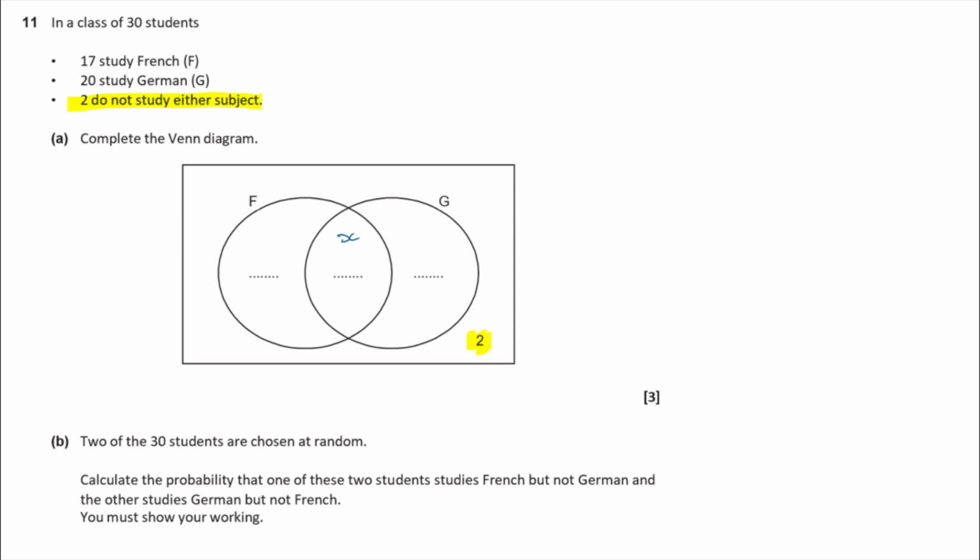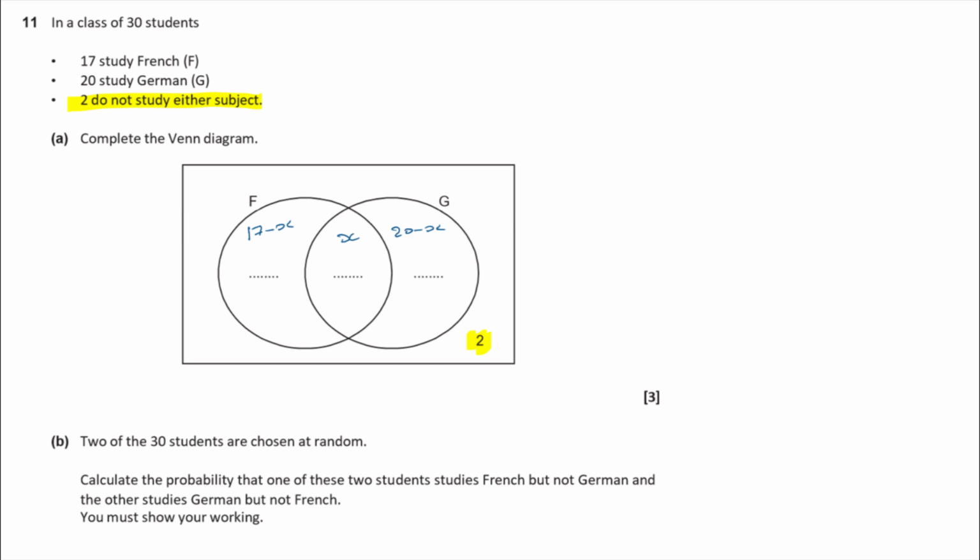If there are 17 students studying French altogether, then there must be 17 minus x studying French only. And if there are 20 students studying German and x study both, there must be 20 minus x studying German only. Now we've got an expression in each of the 4 regions of our Venn diagram.